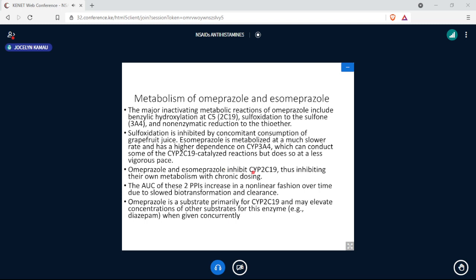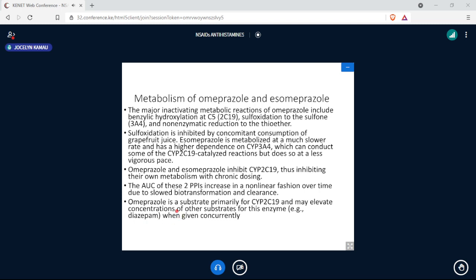Omeprazole and esomeprazole both inhibit cytochrome 2C19, thus inhibiting their own metabolism with chronic dosing. And that's what we are saying. Omeprazole is a substrate primarily of cytochrome 2C19 and may elevate concentrations of other substrates for this enzyme. In other words, you can have quite a lot of drug interactions where you have drugs that are metabolized by the same enzyme. They'll compete for the same enzyme.